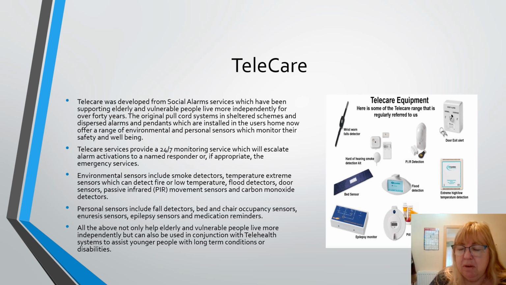And as I said, it only really works as long as there's somebody on the other end, as you can imagine. But also, they've developed lots more things since then. And here's a little graphic to show you some of the things that they've developed. They've developed high-low temperature detection. We had an issue because in certain parts of the country it can be very cold in the winter. Elderly people who worried about paying the bills often stopped putting their heating on in the winter and actually made themselves very unwell.